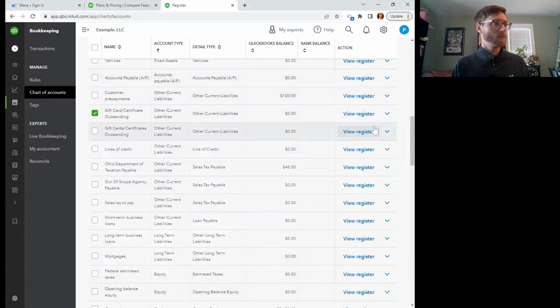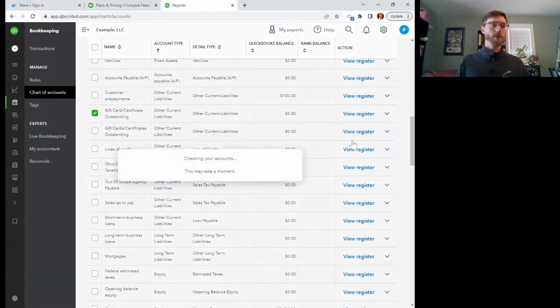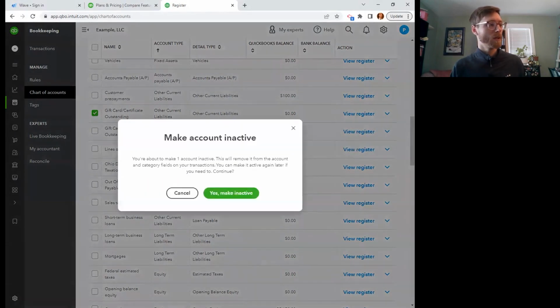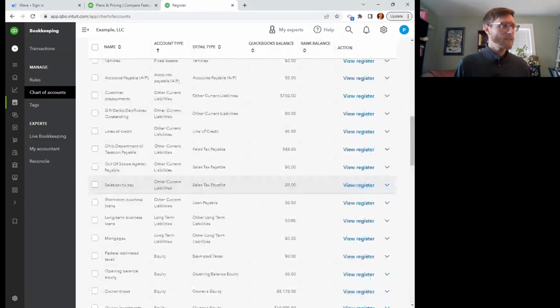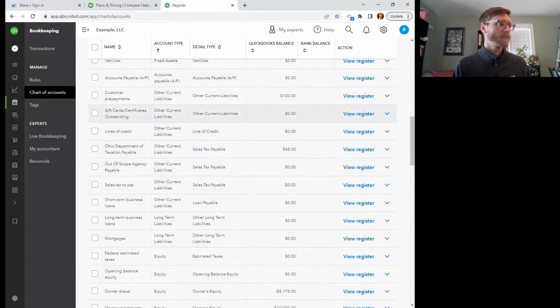I want to make one of these inactive so I'm not confused in using multiple accounts. So you're about to make one account inactive. This will remove it from the account category fields on your chart. Right, so it won't appear in any drop-down menus. Yes, let's make it inactive so that I just have my one gift card / certificates outstanding account, and that's it.